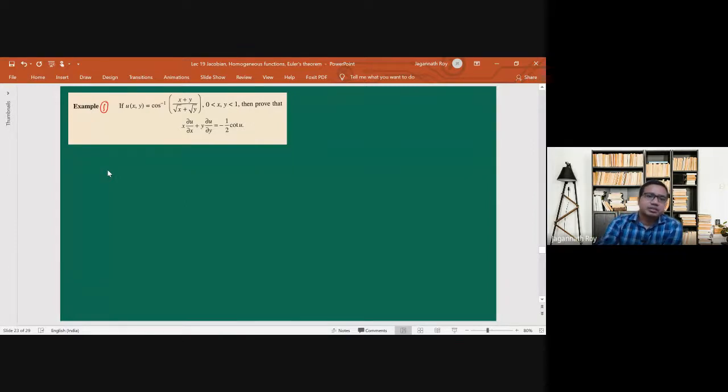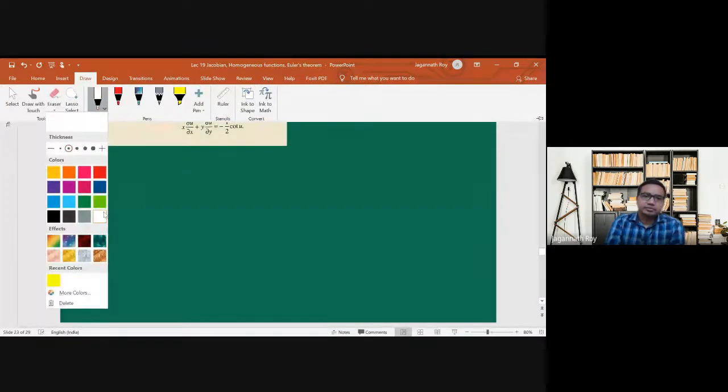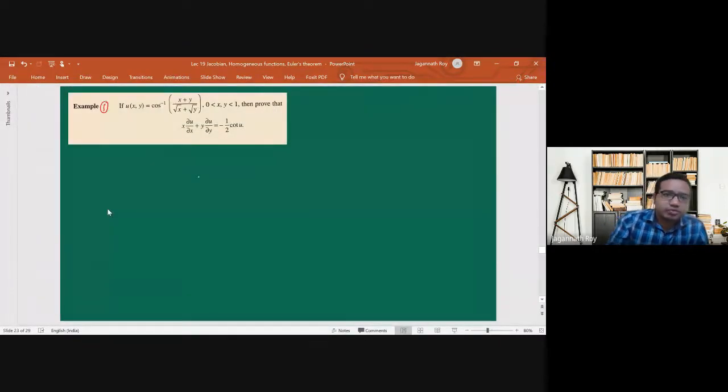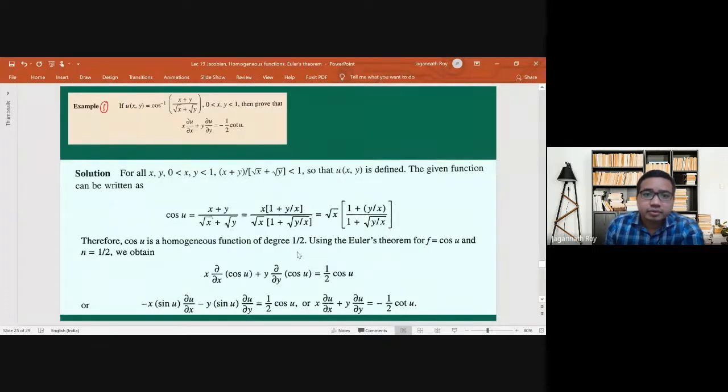So let us solve this problem. We have to check whether it is homogeneous or not. Okay, so here it is.